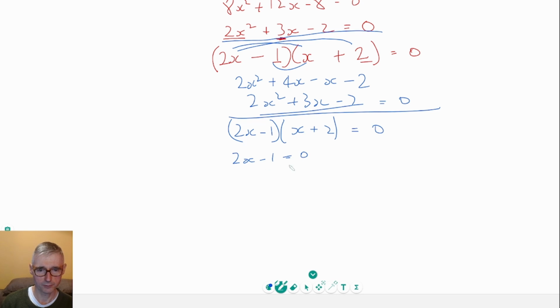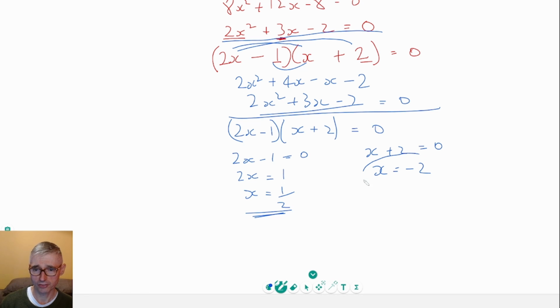And if I add 1 to both sides, 2x equals 1, and then divide by 2, x is equal to 1/2. If I use the other bracket, x plus 2 equals 0, then if I take away 2 from both sides, that would give me that x was equal to -2.